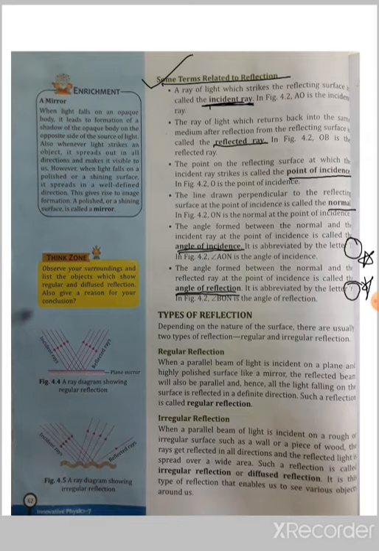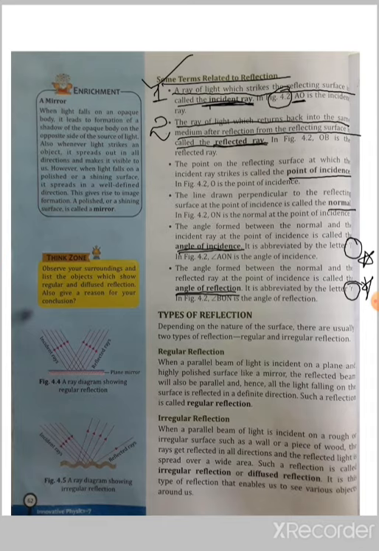Now we will learn one by one what they are. Number one, a ray of light which strikes the reflecting surface is called the incident ray. Please underline this. In figure number 4.2, refer to your figure, AO is the incident ray. Number two, the ray of light which returns back in the same medium after reflection from the reflecting surface is called the reflected ray.